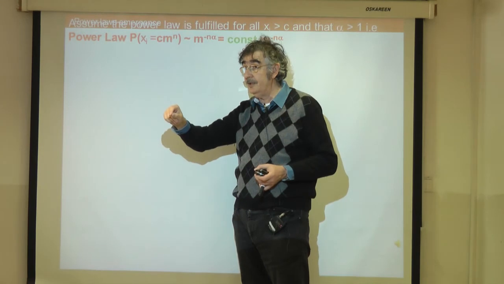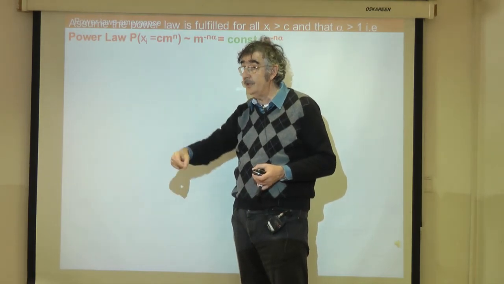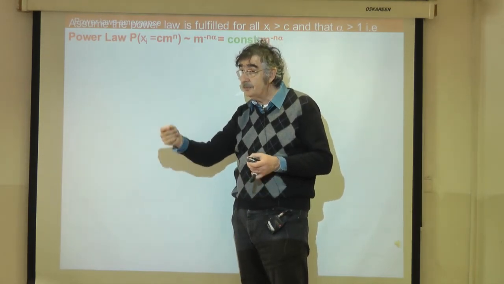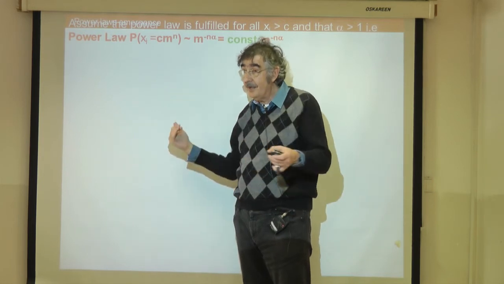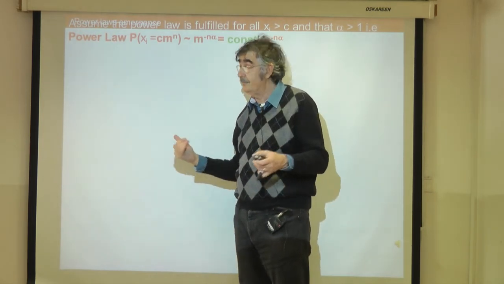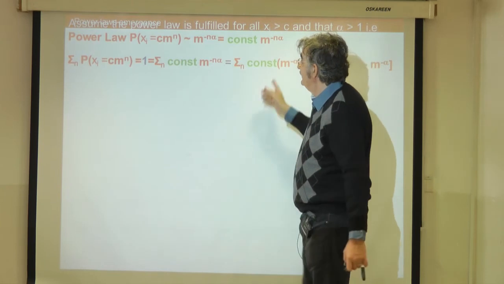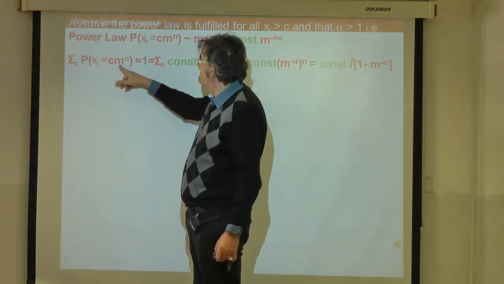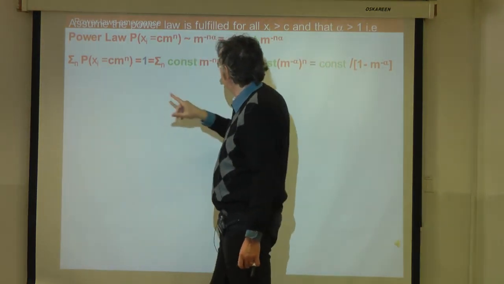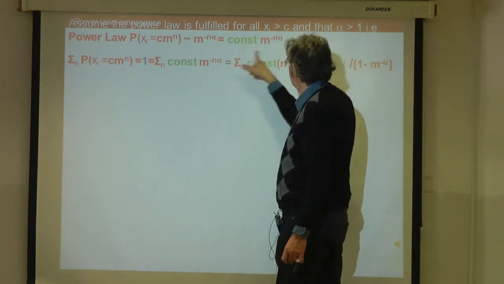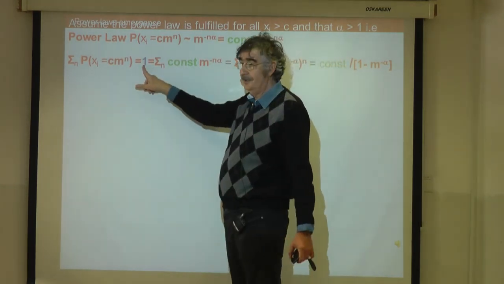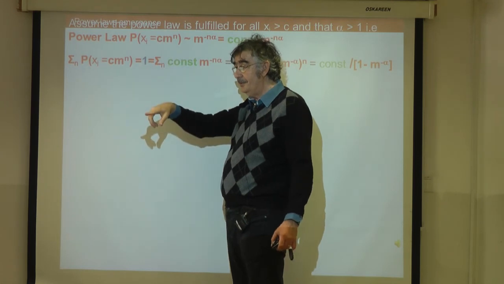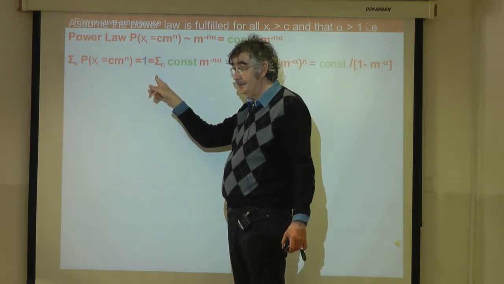Now I don't want only the relative frequencies. I want the probabilities. So in order to do that, I have to divide by the entire sum of everybody. So I'm saying that the sum of all these things, which is this sum, has to be equal to 1. Are you following what I'm doing?